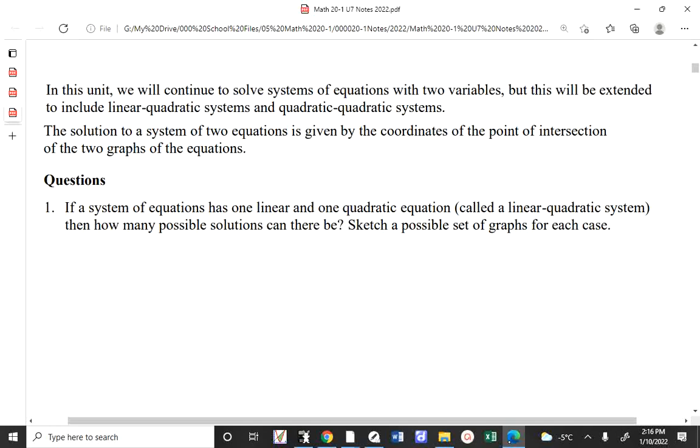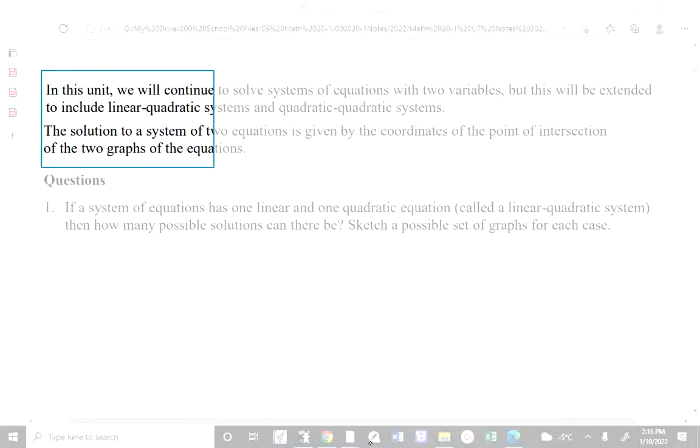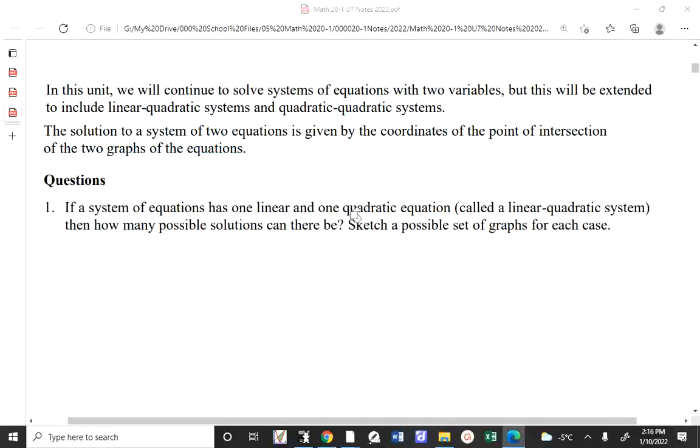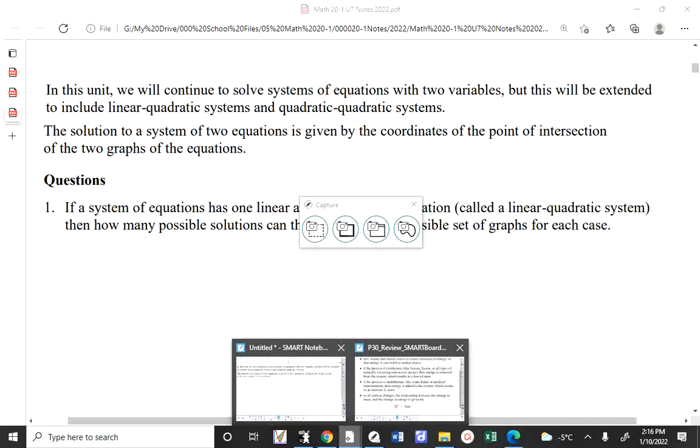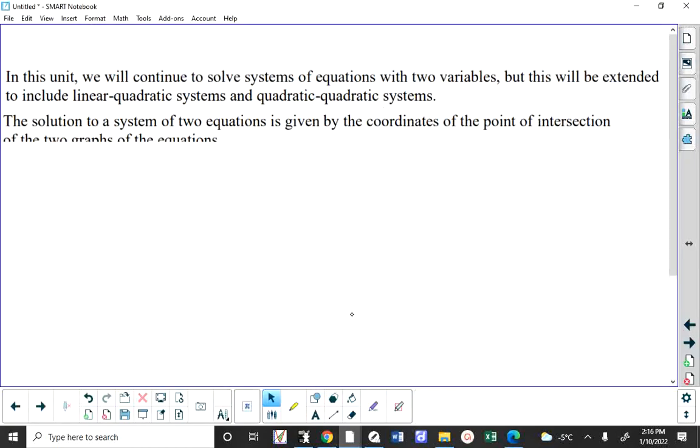We're going to be solving systems of equations that are called linear quadratic systems and quadratic systems. What does this mean? It means that if we solve a linear quadratic system, one of the equations will be linear and one will be quadratic. It means that if we solve a quadratic system, the two equations will each be quadratic.